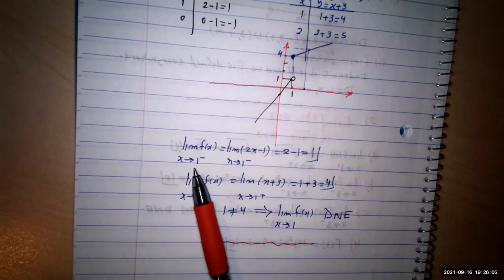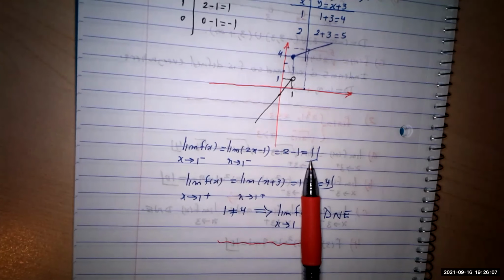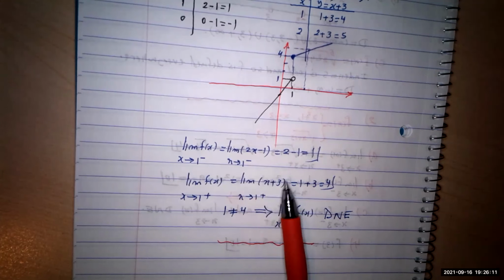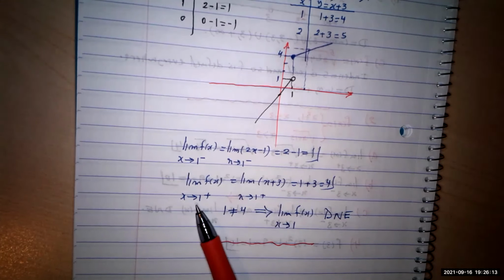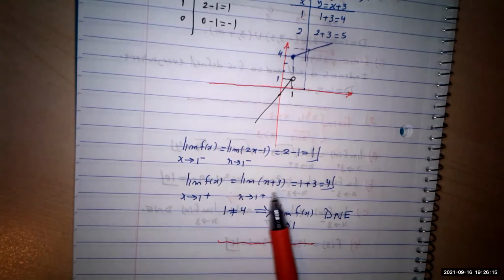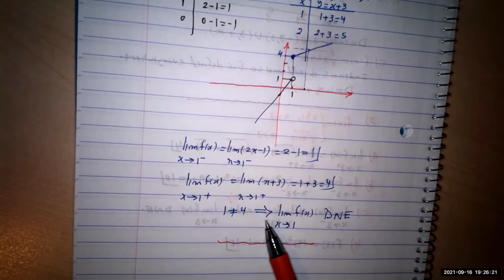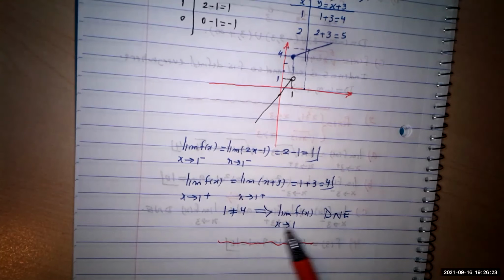So we pick x going to 1 negative, we arrive at 1, because x is less than 1, use 2x minus 1. x goes to 1 positive, x is greater than 1, use the other part. You see, 1 not equal to 4. So the right and the left limits are different. That implies that the limit of the function when x goes to 1 does not exist. Okay, so this is how you answer these types of questions.